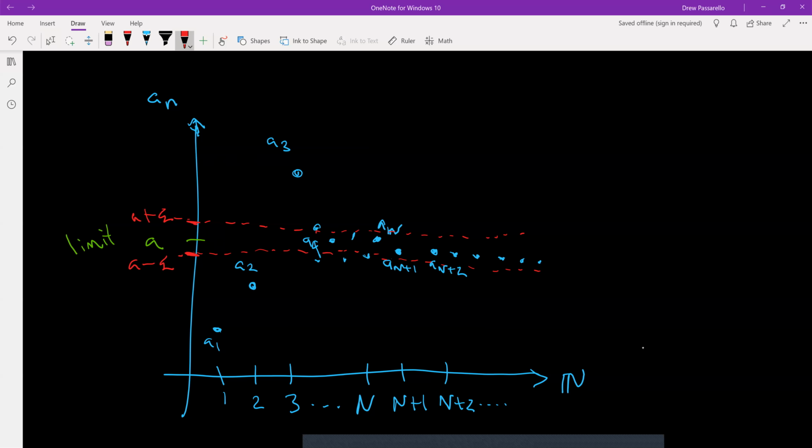And then there hits a cutoff point. For all values bigger than N, we're dealing with all of the indices like a_(N+1), a_(N+2), and so forth.